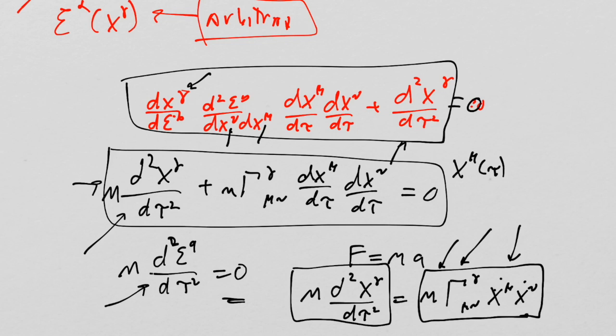So we have this force that appears just because we're in this arbitrarily new different coordinate system that's not straight up inertial Minkowski space.